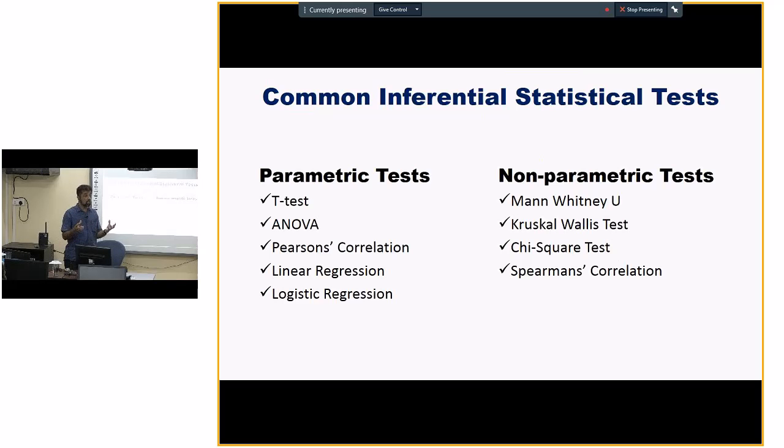If you have rank data and your objective is to measure the association or the relationship, then you cannot apply Pearson correlation because your data is at rank level, right? Then you have to go to Spearman's rank correlation coefficient, right?